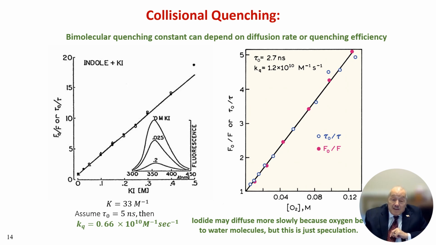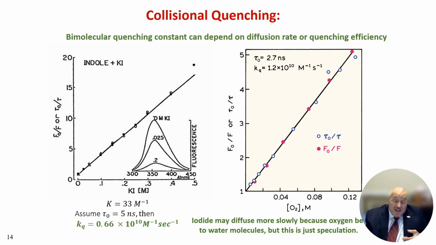Let's look at the data for indole. If we use the slope of this curve for indole, we get a certain quenching constant, which we don't know if static or dynamic, but since the lifetimes and the intensities, the ratios go down the same way, we know it's dynamic.